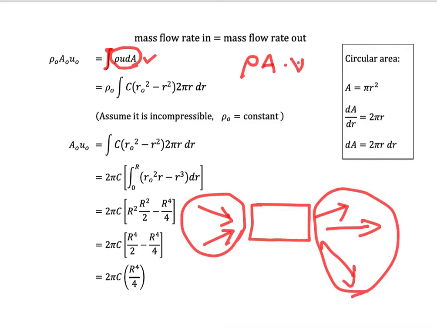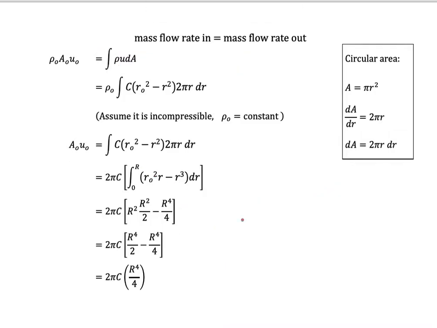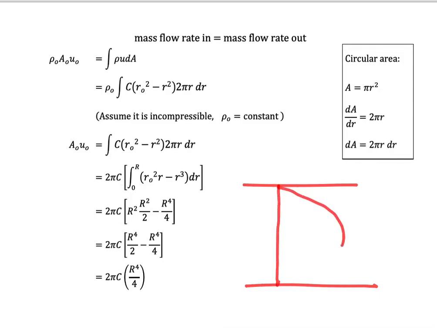So we have a flow in a pipe like this one. We have a pipe here, and then a velocity profile like this one. What we need to do is imagine we take a very small part here. Let's say this is the part that we need to take care of. That's why we write the equation with the integral: rho U dA.